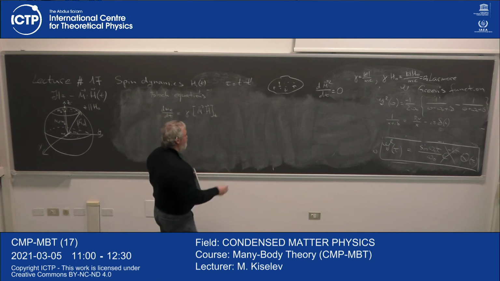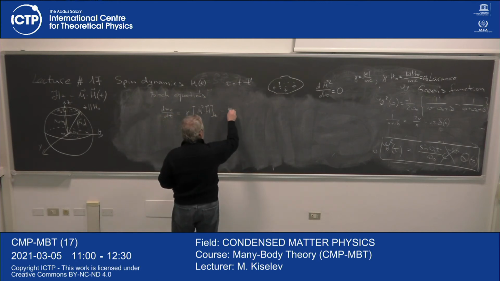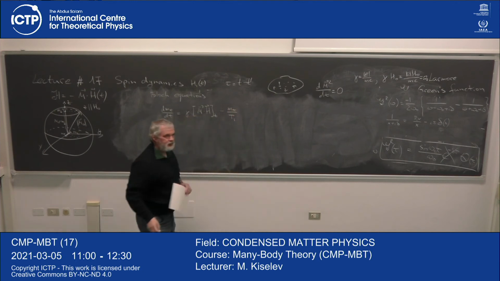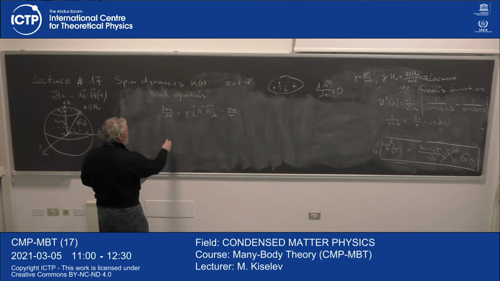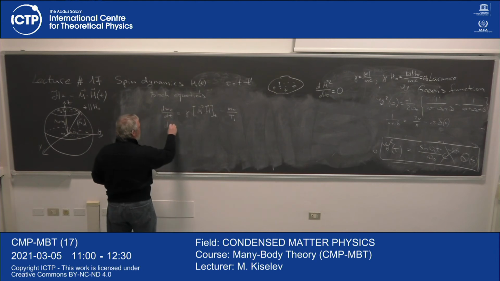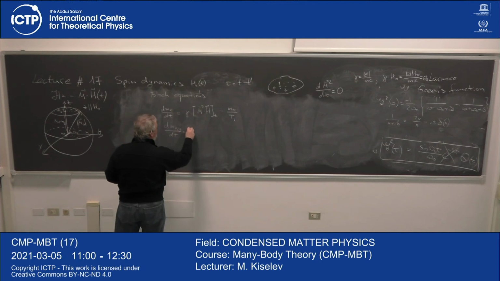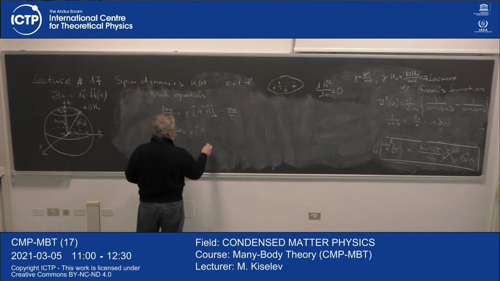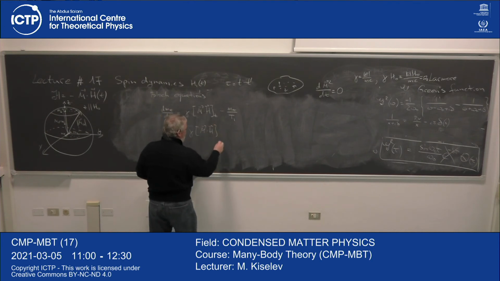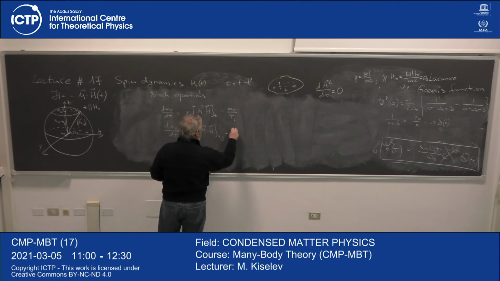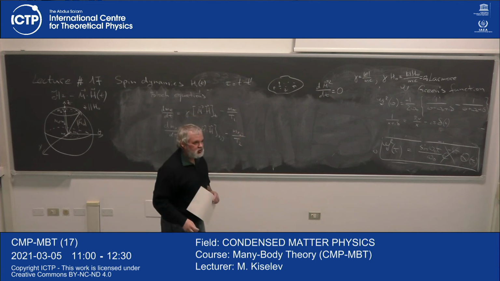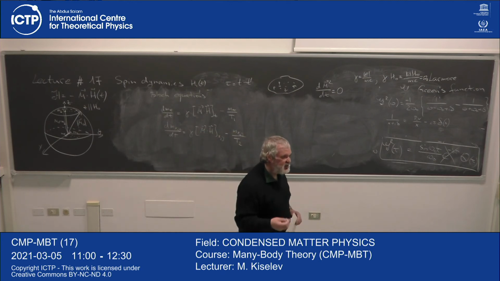I will by hand add some relaxation, minus m_z over T1, to it, and the same way for the transverse component: d m_x or y over dt is gamma m times h x or y minus m_x or y over T2. So you see that the problem of precession actually splits in two parts.